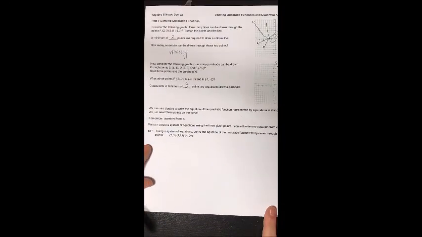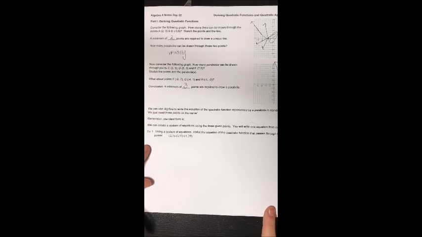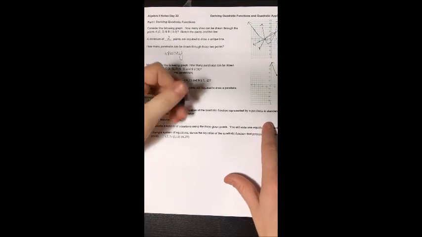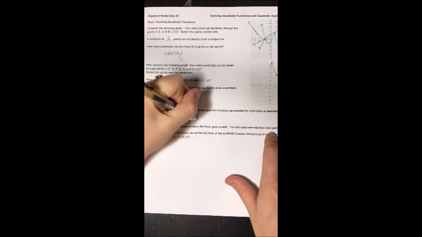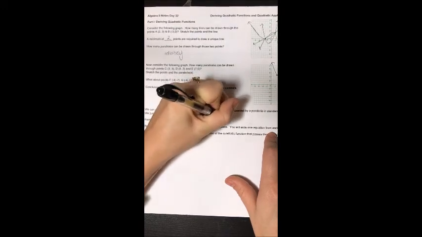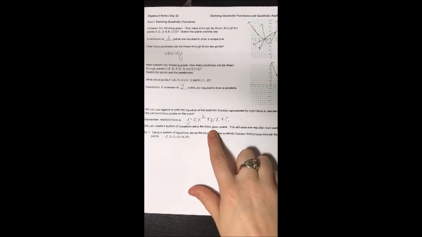All right, so we can use algebra to write the equation of a quadratic function represented by a parabola in standard form. So remember, guys, standard form is y equals ax squared plus bx plus c. All right, so we can create a system of equations using the 3 given points.